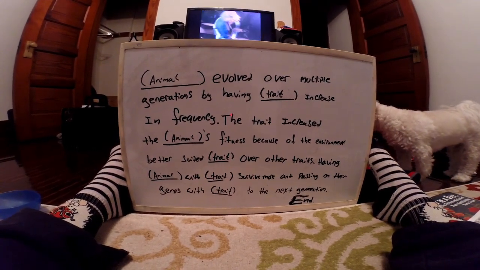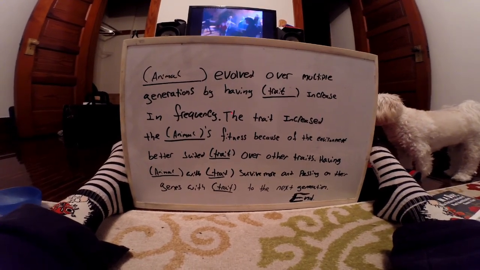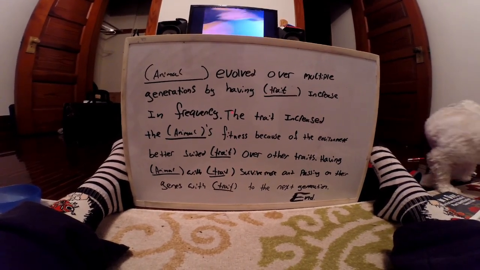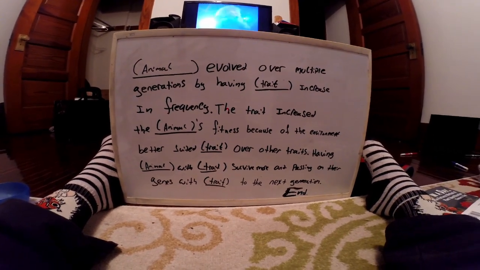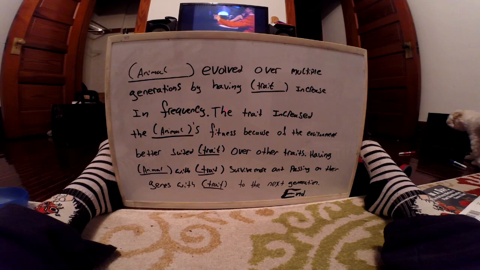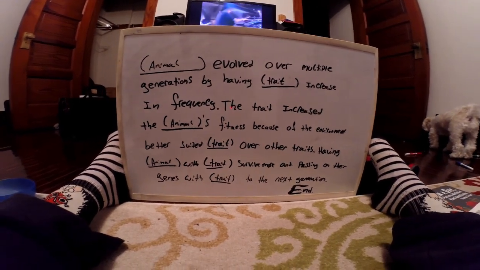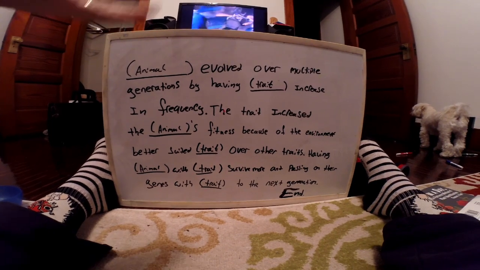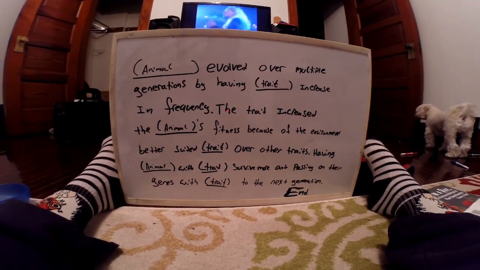The trait increased the animal's fitness because the environment better suited whatever trait you have over other traits. Animals with that trait survive more and pass on their genes with that trait to the next generation. The end. So, for example, cats evolved over multiple generations by having retractable claws increase in frequency.